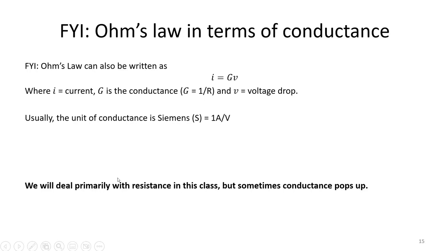One other thing to note about Ohm's law is there's also this thing called conductance. So conductance is given the symbol G, where G is equal to 1 over R. Conductance is the inverse of resistance.